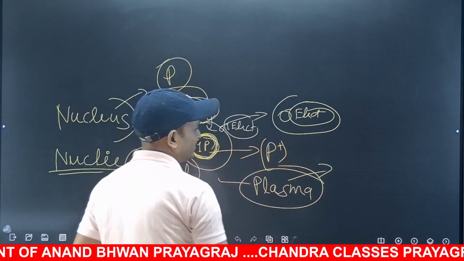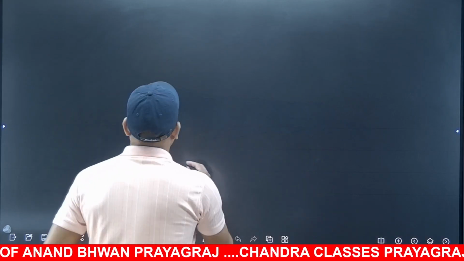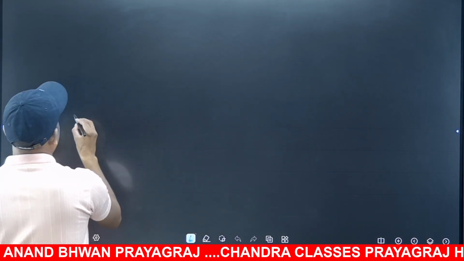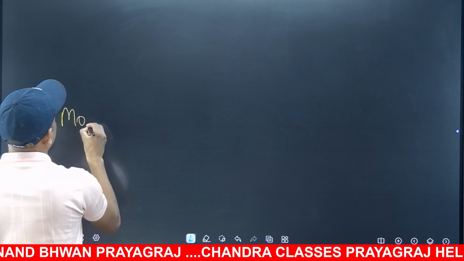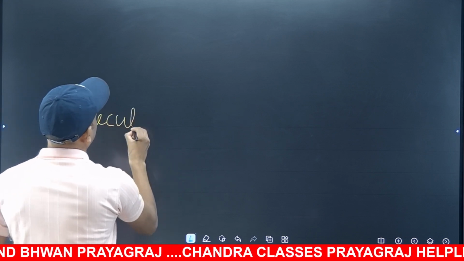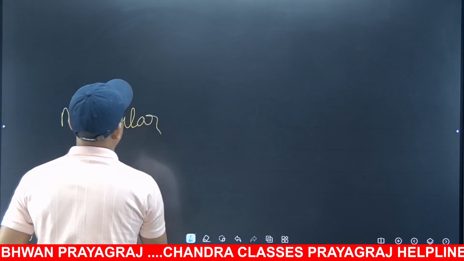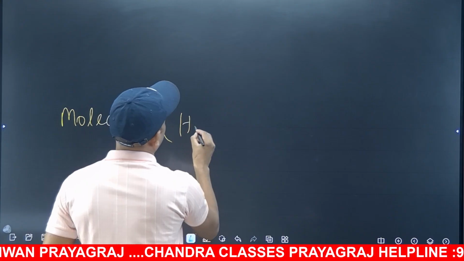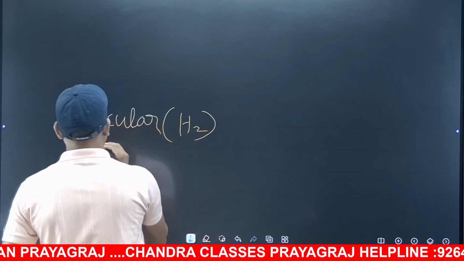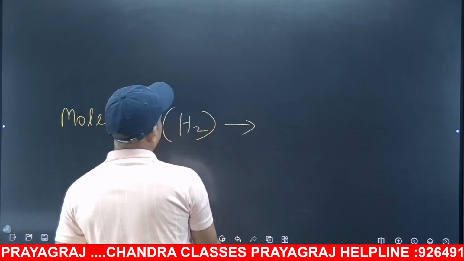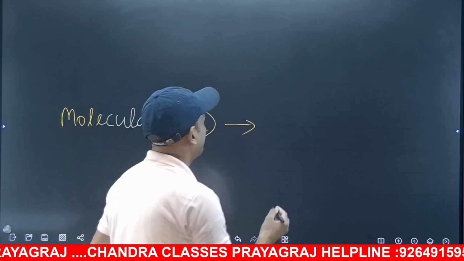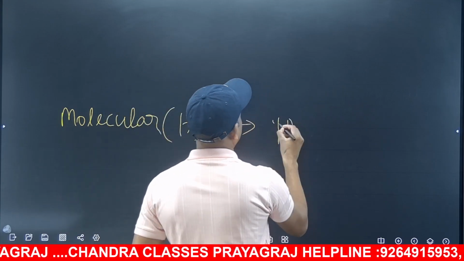When there was the giant molecular cloud, then the hydrogen was present in the molecular form, pairs of hydrogen. Gradually it turned into the atomic form, hydrogen atoms.